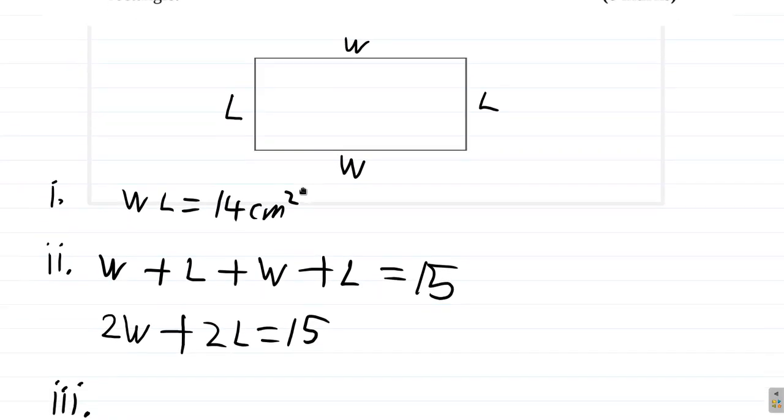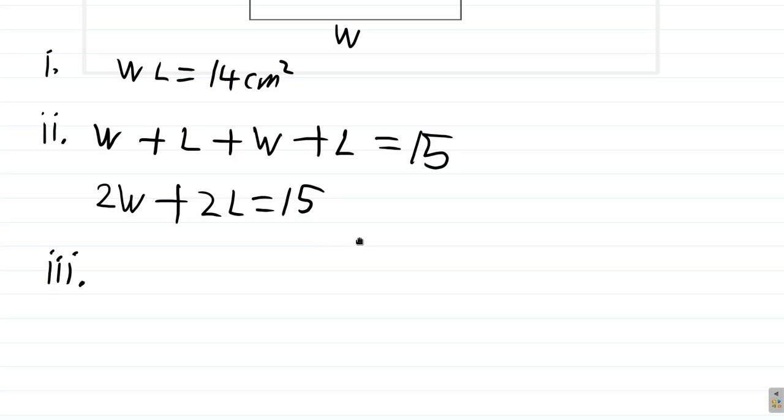So, what can we say about this now? We have WL equals 14. The reason why they call it simultaneous equation is because you have 2 of them and you can work both of them together to solve.